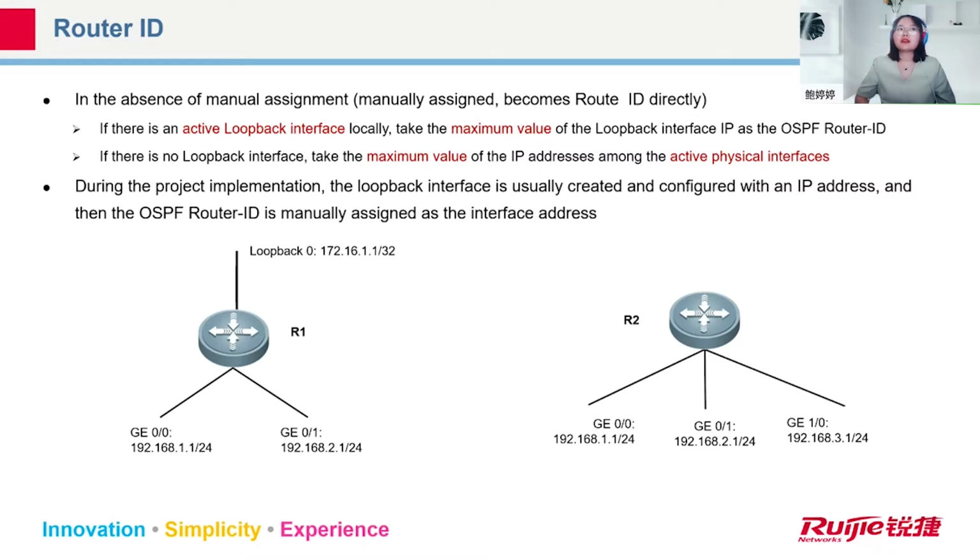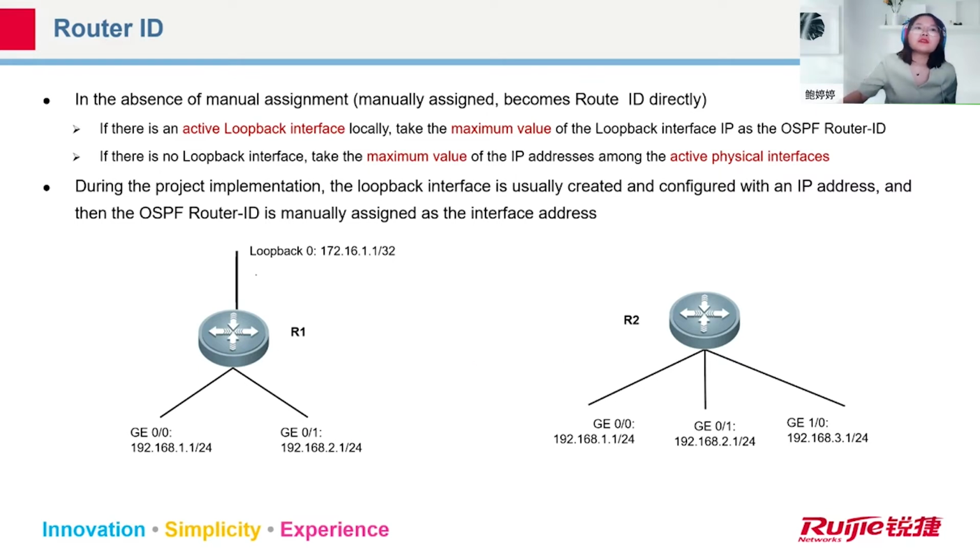If we don't add the command to give the router ID, we have to know the principle of why we finally choose this IP address to become the router ID. The format is the same as an IP address. So when we select the router ID, we also select the information from the interface.